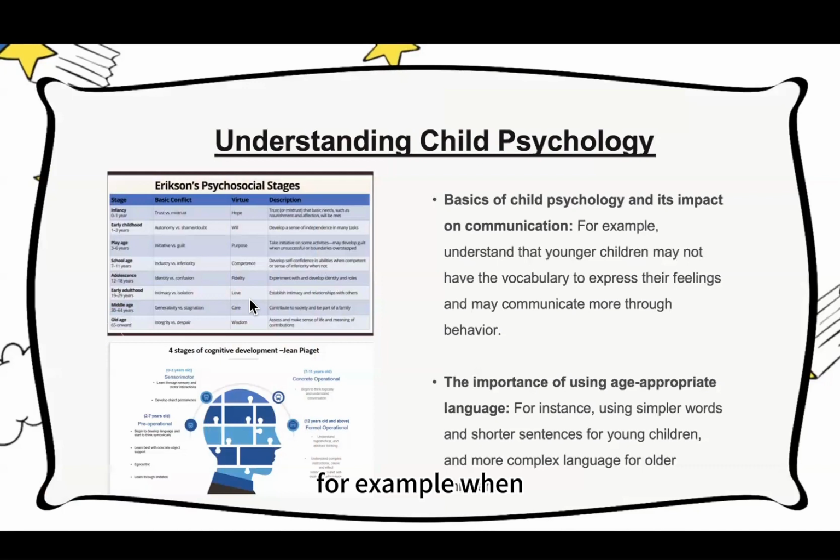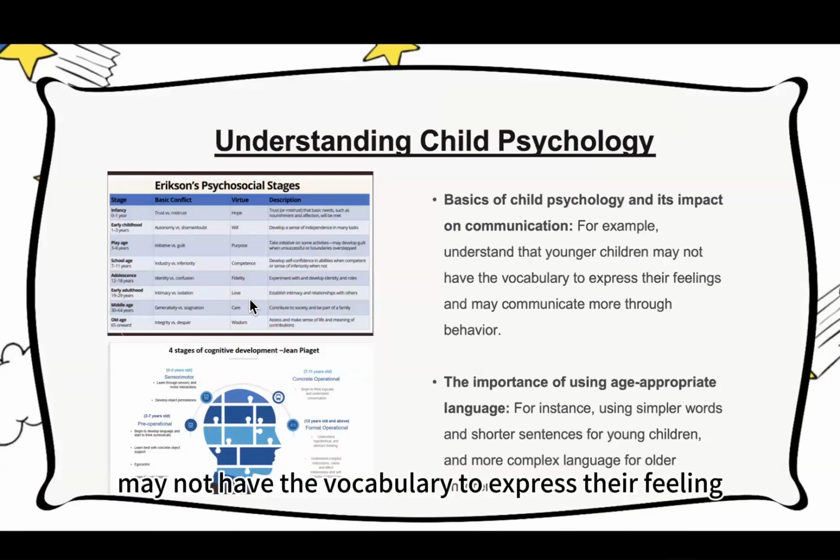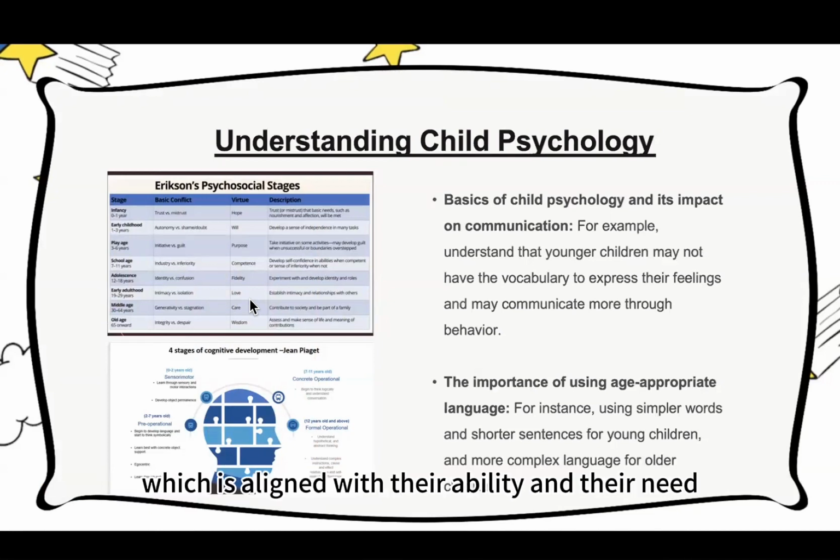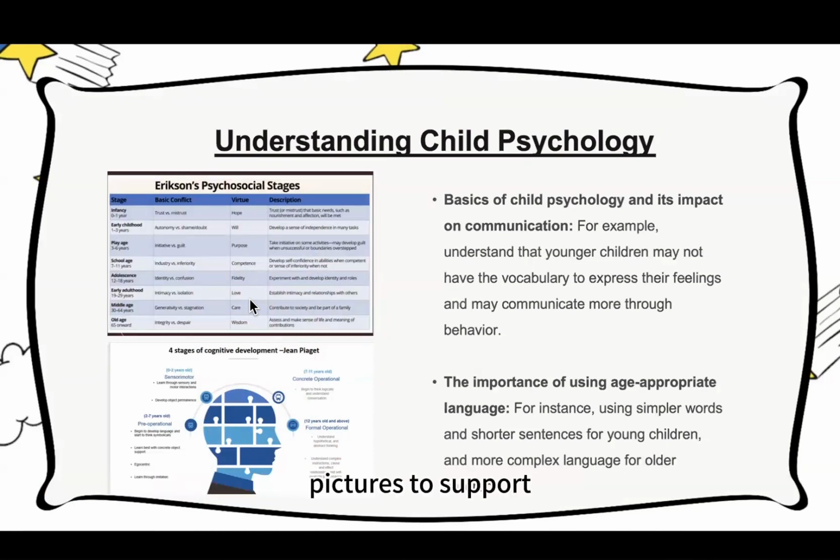For example, younger children may not have the vocabulary to express their feelings and may communicate more through their behavior, so we would find other ways to communicate which align with their ability and their needs. For example, non-verbal communication or using more visual instructional pictures to support an effective communication process.